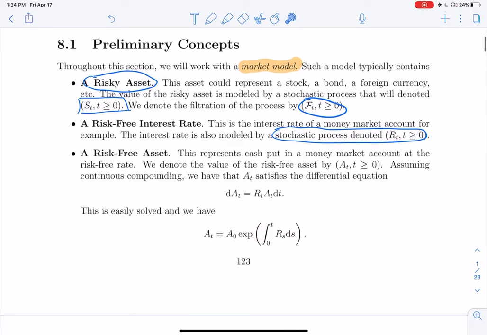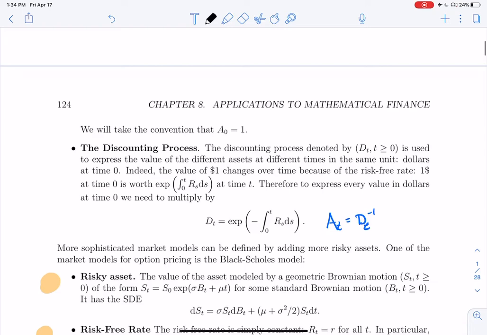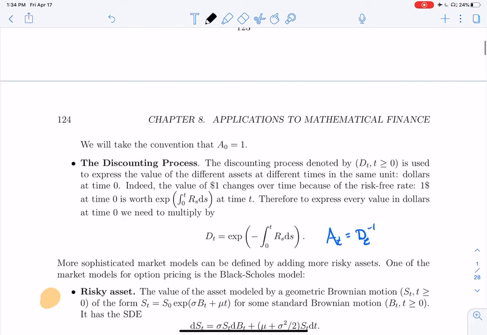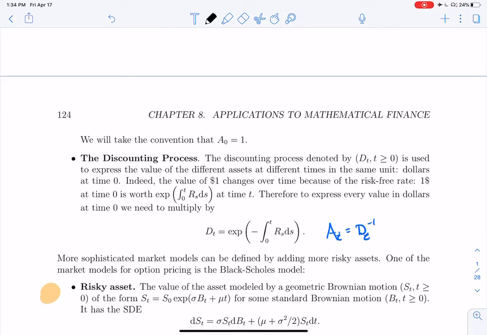All right, so usually we won't work with the risk-free asset per se, but we're going to work with the discounting process. And what is the discounting process? I write it D_t. The discounting process is just the inverse of the risk-free asset.